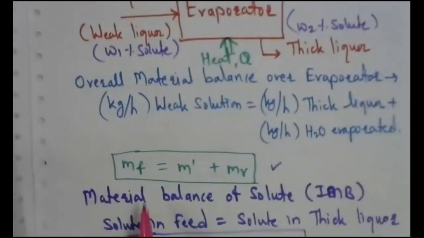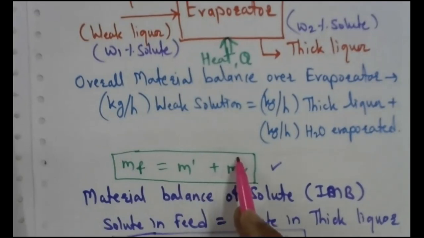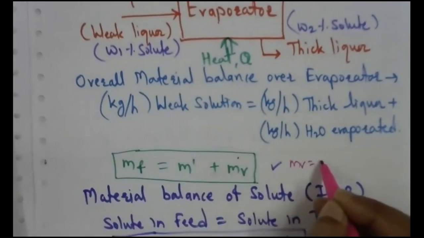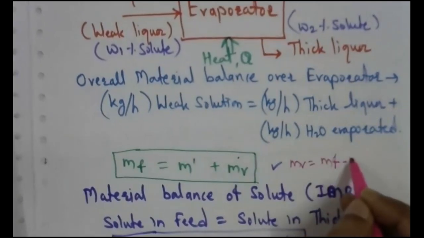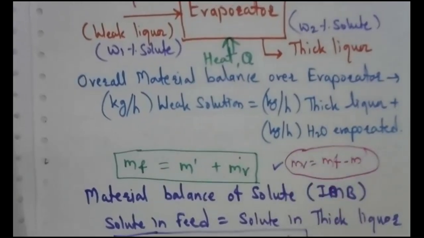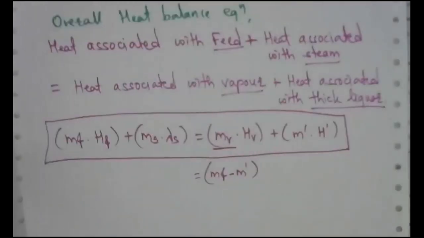So recall this equation we have written, the overall material balance: mass flow rate of feed is equal to the mass flow rate of thick liquor plus the mass flow rate of vapor. So for this mv, we can write mv equal to mf minus m dash. So this equation is going to be used in the heat balance.